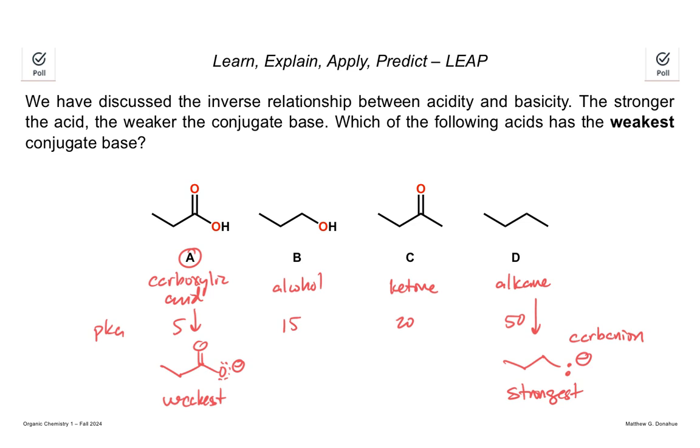And hopefully you can sort of realize why that's the strongest base. If you have a negatively charged carbon, it's really unhappy. It's like if you haven't eaten lunch, you're angry, you want to go get your Chick-fil-A sandwich and get satiated. That's what that base wants to do. It wants to react with some acid so it gets back to a neutral carbon.